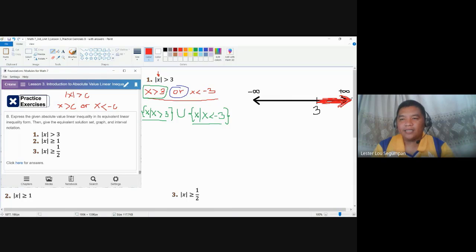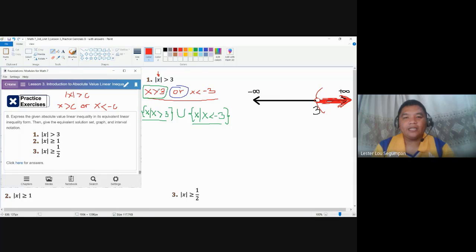That means it extends towards infinity. And since we don't have an equality symbol here, we keep the 3 open, an open circle. And then we complete it by adding parentheses. But that is just for one linear inequality form here.